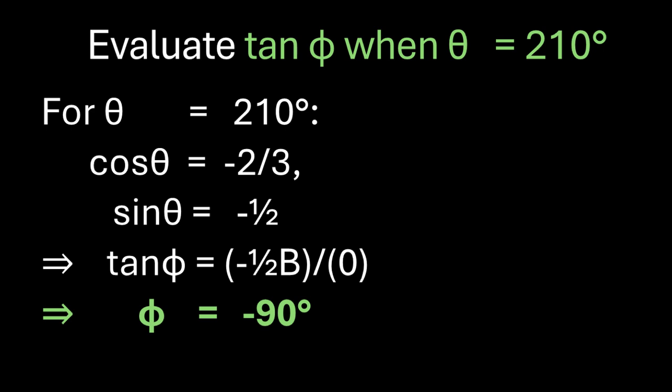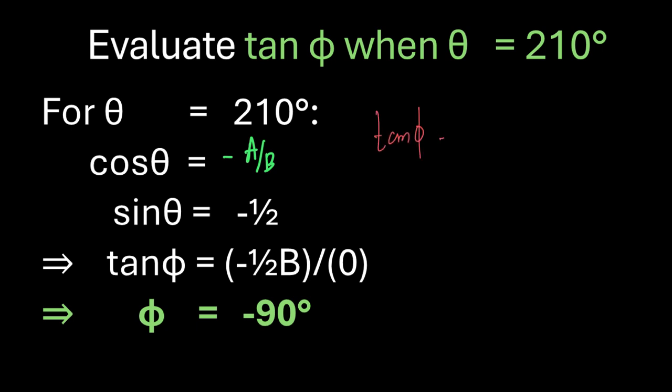So when theta is equal to 210 degrees, cos theta is minus a by b. But when theta is equal to 210 degrees, what is sine? Sine is negative 1 by 2. So let me just write down the formula for tan phi.